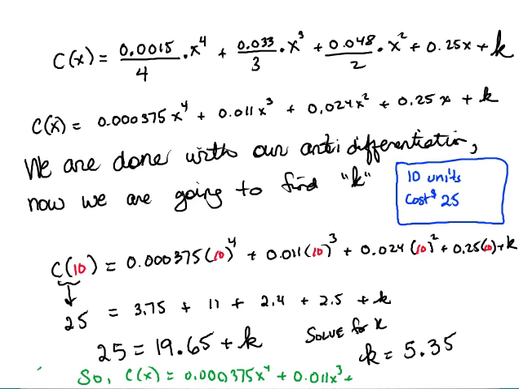Okay. So far so good? You get to try some of these in your homework. Plus, now instead of putting k, we know specifically what k should be. It should be 5.35 for the function recovery.